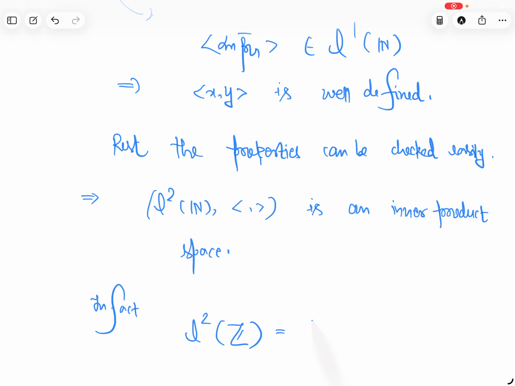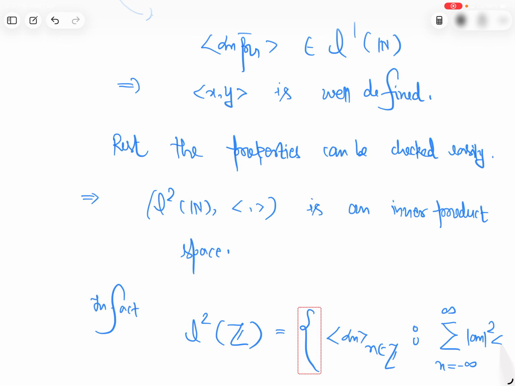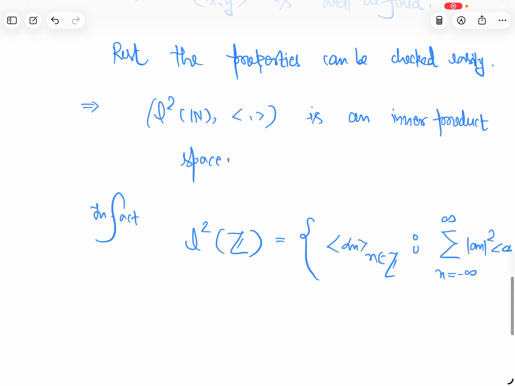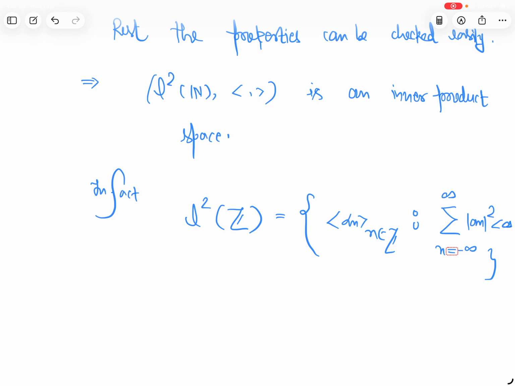How? We can define it as the sequences alpha_n, n belonging to Z, such that the sum from n equals minus infinity to infinity of |alpha_n|^2 is finite.